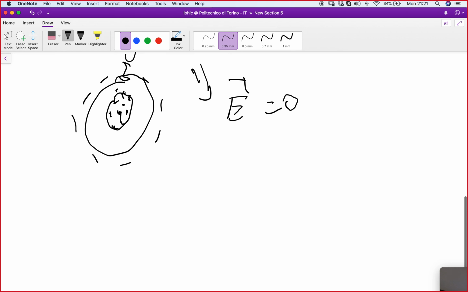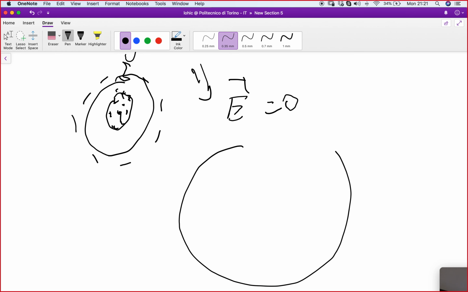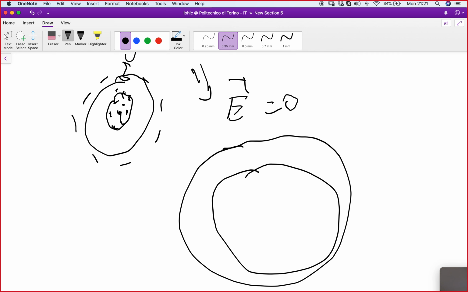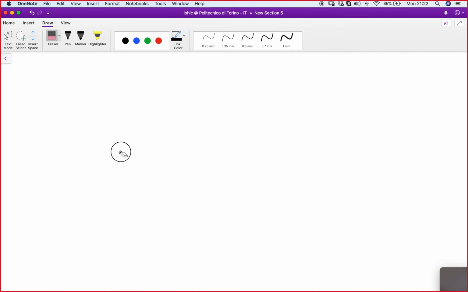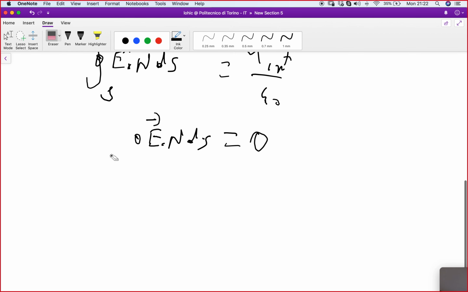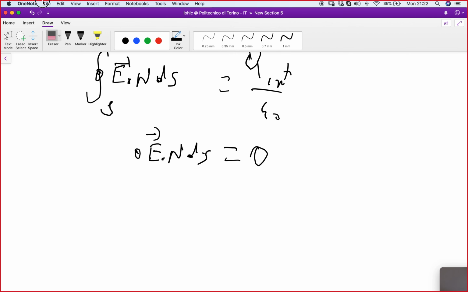I will give you an exercise. Maybe you have more than one, so the conductor is made by something like this. Let me even take a new page for this.